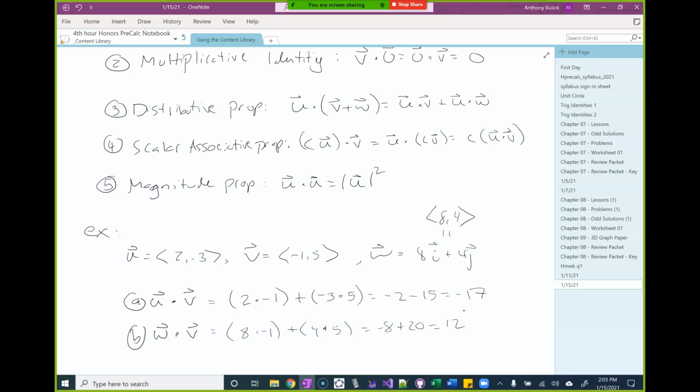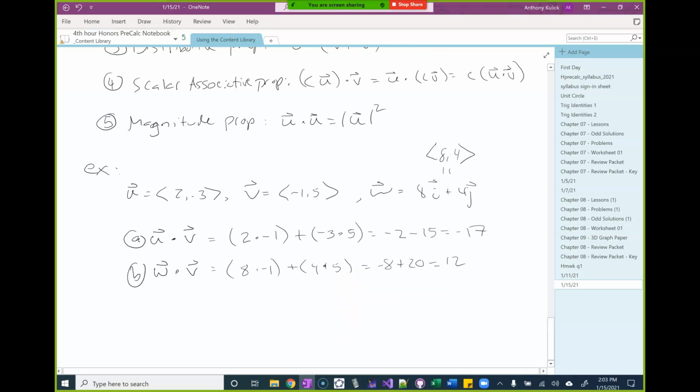So one use that we have for the dot product is it allows us to calculate the angle between two vectors.